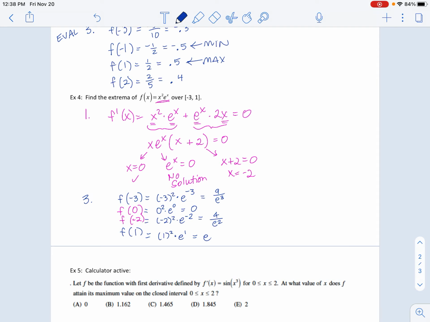Now I have to figure out the max and the min. If you look at these 4 numbers, which one of them is the highest? My hint to you is that it might be helpful to know e is roughly 2.718. It's irrational, so it's non-repeating and goes on forever, like pi. Think about which of these might be the max and which might be the min.